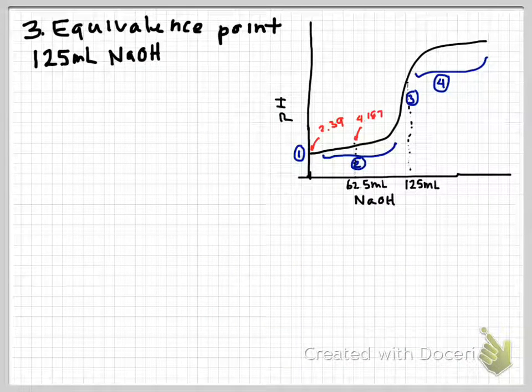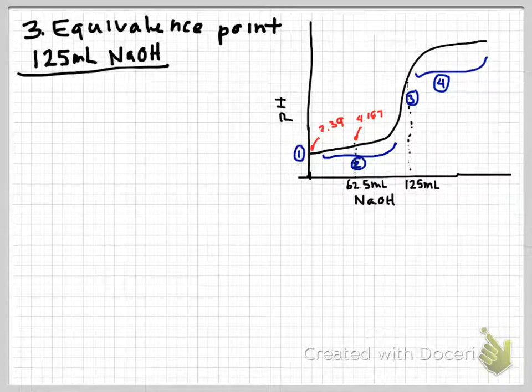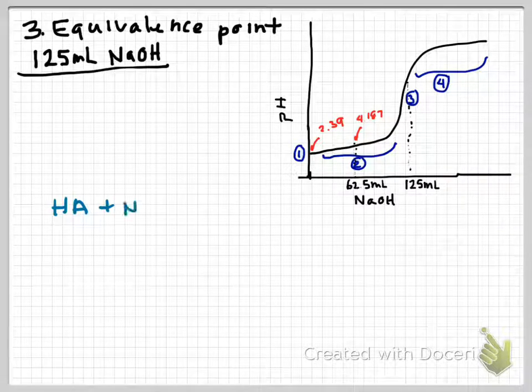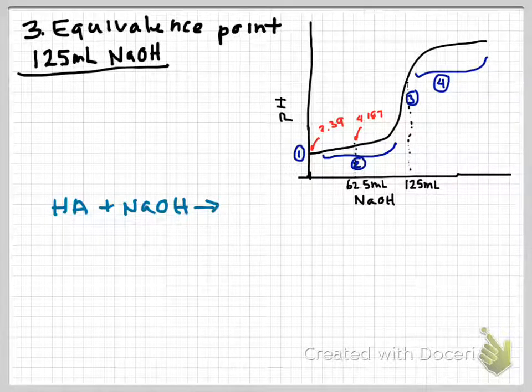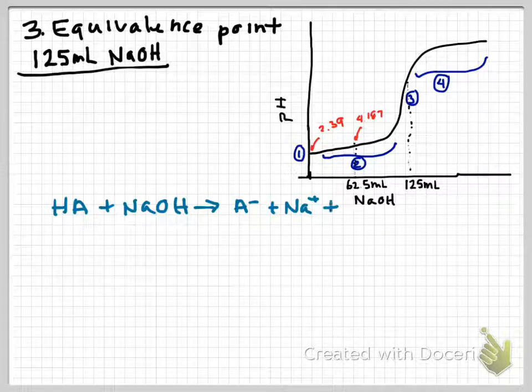The next region I want to look at is at the equivalence point, which we previously calculated was at 125 mL of our 0.1 molar NaOH. And how we solve problems at the equivalence point, again, we can look at our equation, HA plus NaOH gives me A minus plus Na plus, I'll leave that in there, plus water.